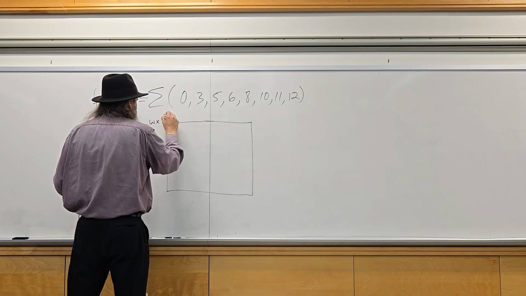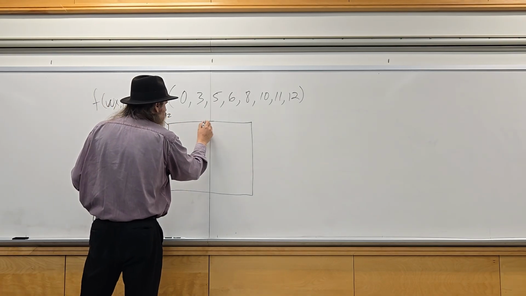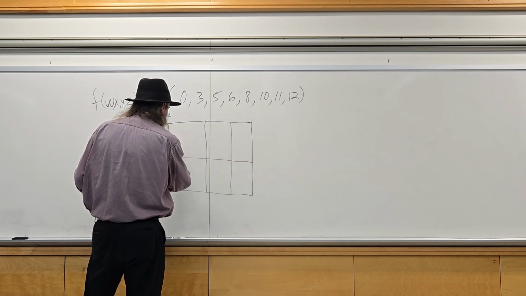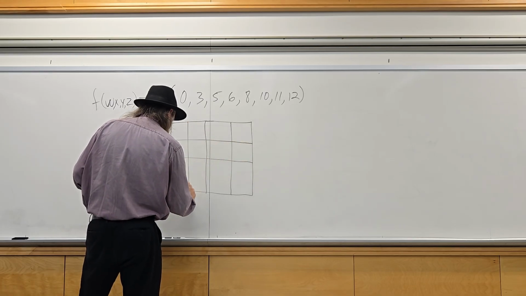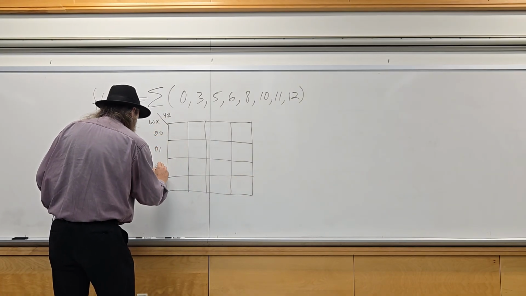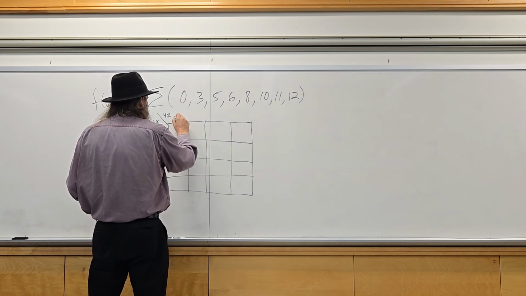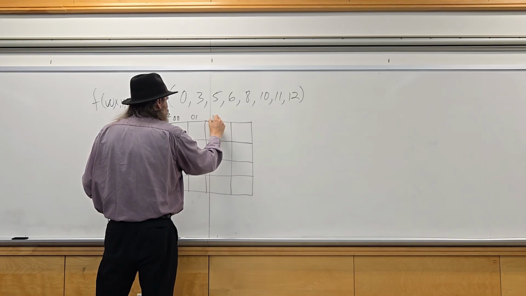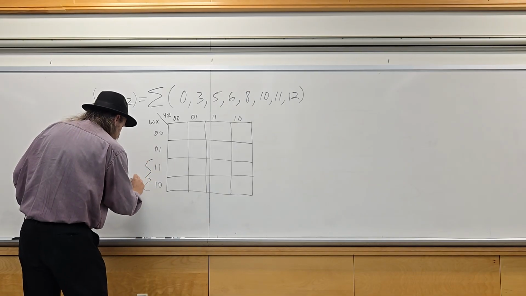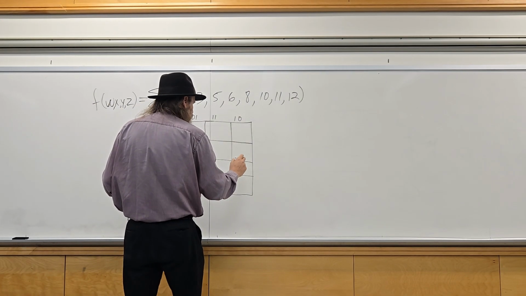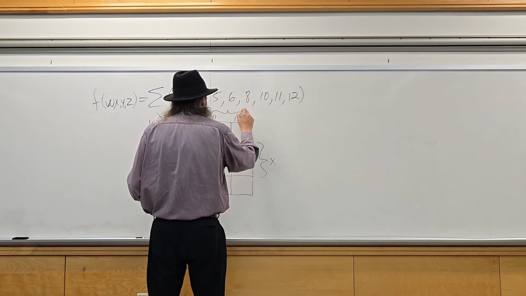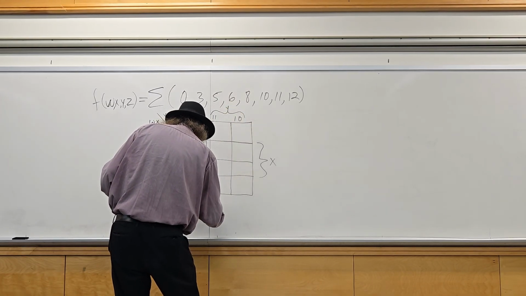W, x, y, z. 0, 1, 1, 1, 0, 0, 0, 0, 1. And this will be W, X, Y, and Z.